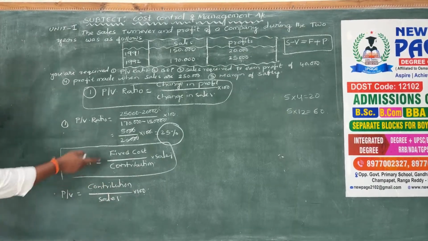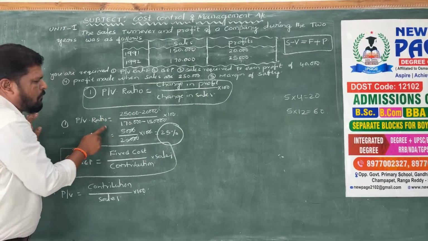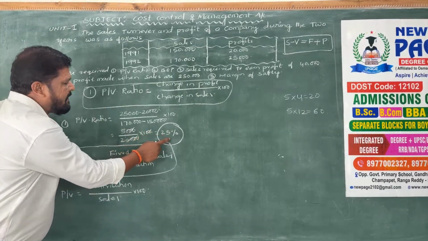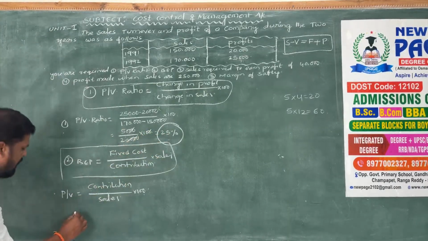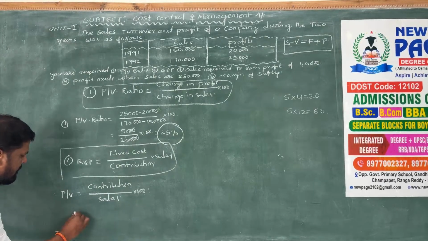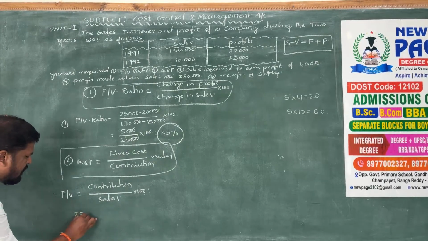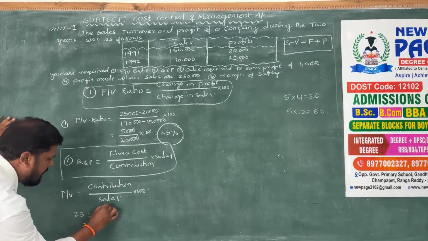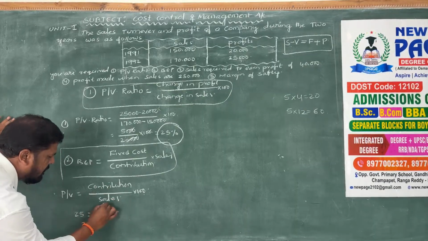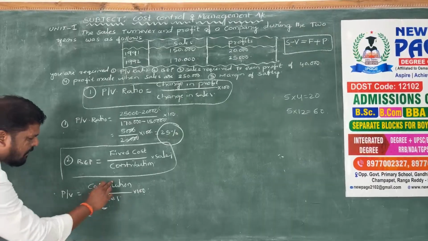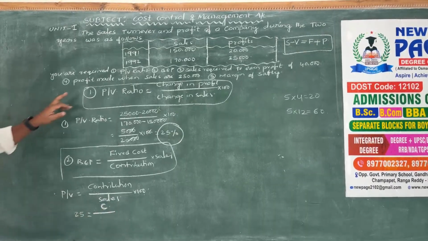So here we already have the PV ratio. PV ratio is equal to 25%. So 25% is equal to contribution. Okay, contribution not given. So contribution, C for contribution, divided by sales.